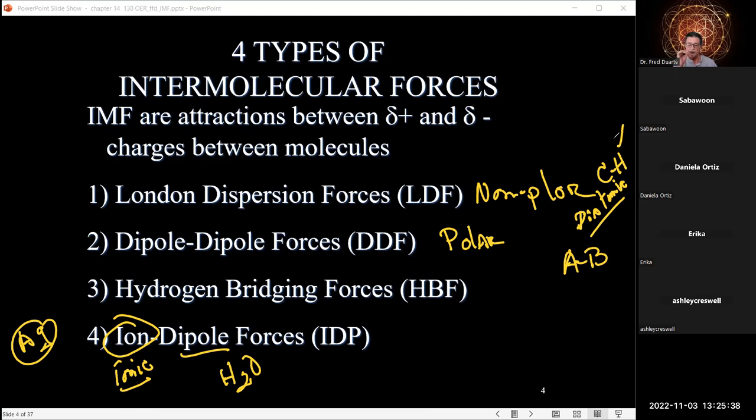And to refresh your memory, the reason carbon-hydrogen is not a polar bond is simply because the electronegativities of carbon and hydrogen are essentially the same. So they act like the diatomic molecules. In the diatomic molecules, the electronegativities are both the same, since they are the same atoms.